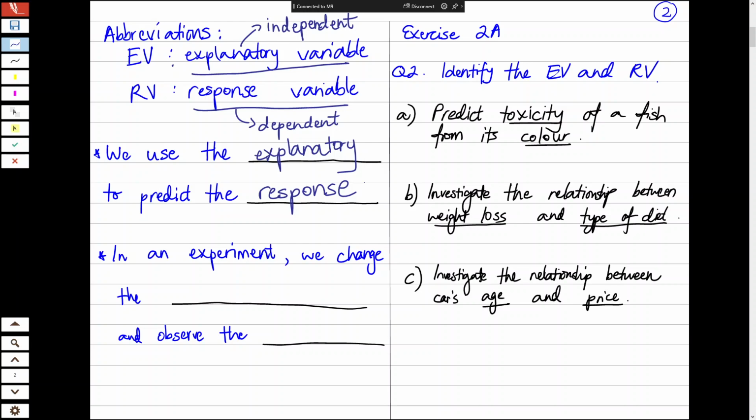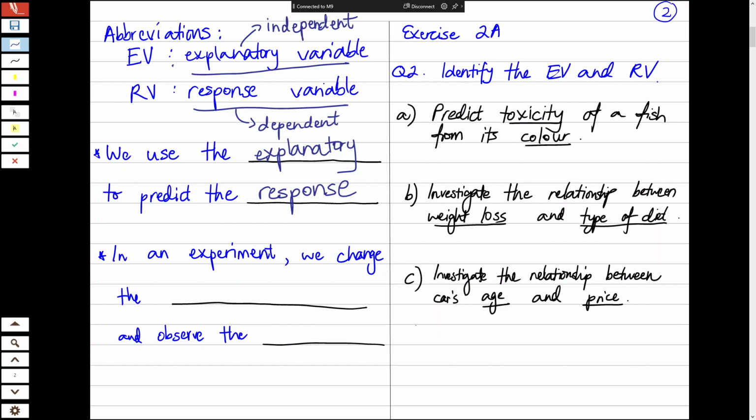Which one is trying to do the explaining? We're trying to use the weather to explain ice cream sales. Please notice that I can't go the other way. I can't really use ice cream sales. Well, I guess you could use ice cream sales to predict the weather, but somehow that seems a bit backwards.